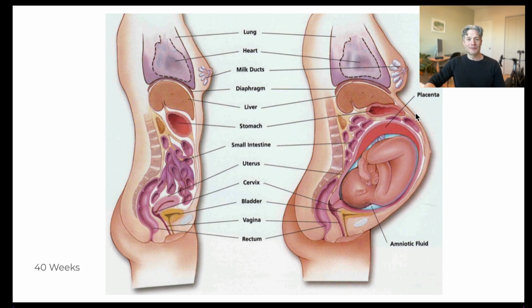We look at the stomach for a second and compare that in a non-pregnant body relative to a pregnant body. We can see that these folks have essentially a horizontal level stomach.